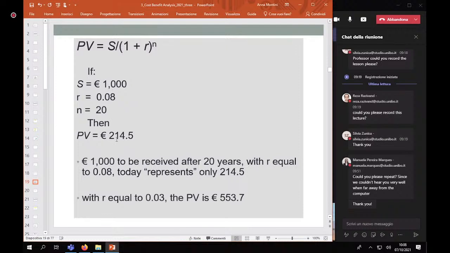So we are preferring money close to the present instead of money very far from the present. When we have environmental projects, it means that we are used to consider with smaller figures high benefit for the future. So we care more for the present generation instead of the future generation.